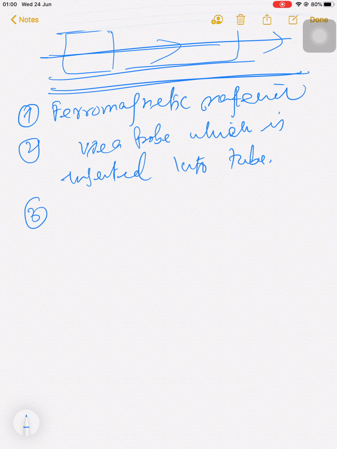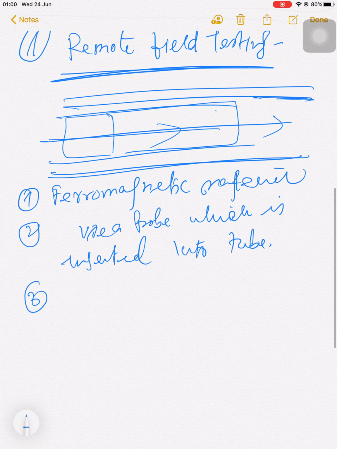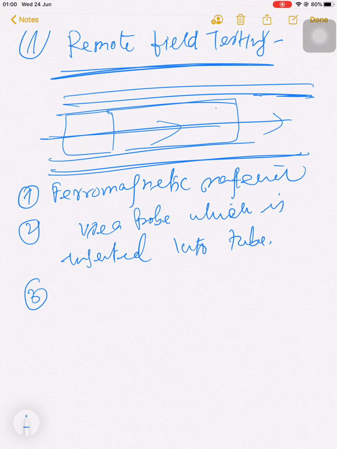The probe contains an exciter coil and a receiving coil, where the exciter coil generates a magnetic field. So when it goes inside, there is an exciter coil and a receiving coil, and the exciter coil generates a magnetic field.